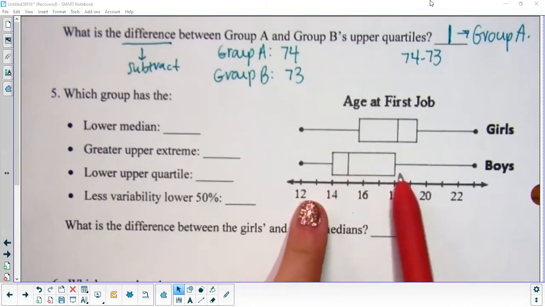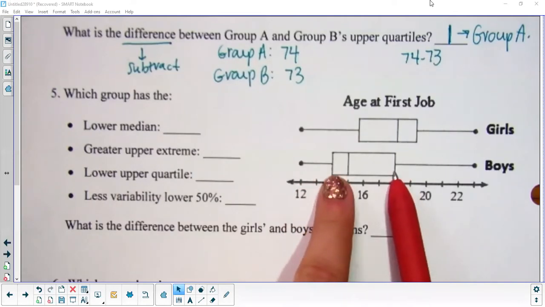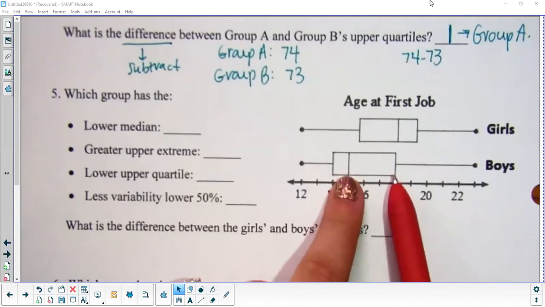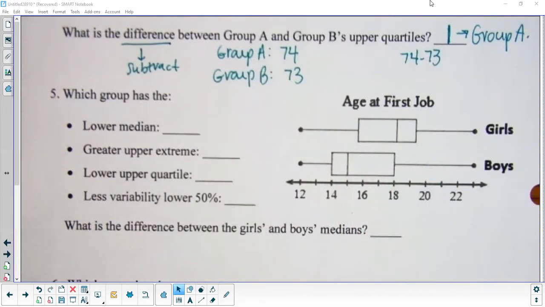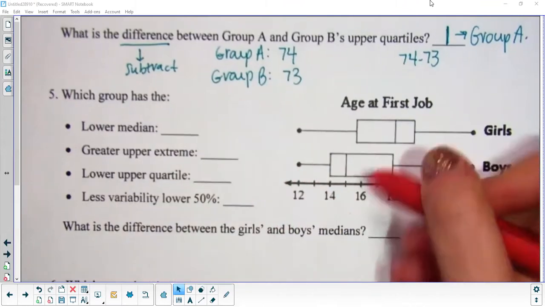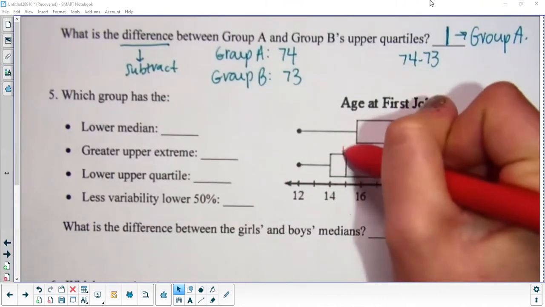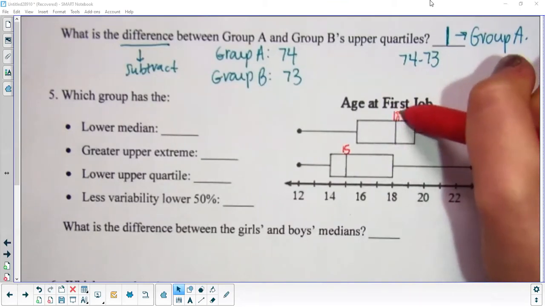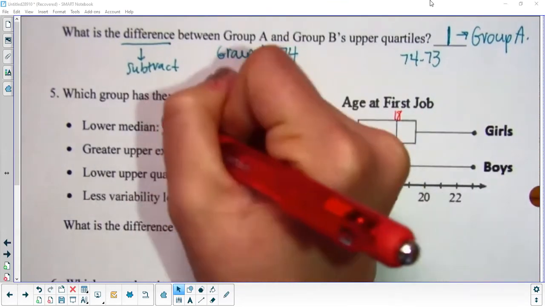Here, for my boys, my box is closer to the lower end, the lower 50%, compared to the upper 50%, okay? So my box here is on the lower side, meaning my median right here is at 15, and my median here for the girls is at 18. So which one has the lowest one is the boys.